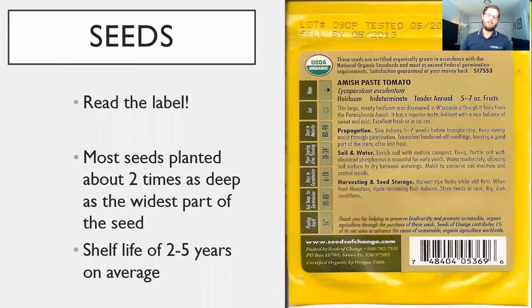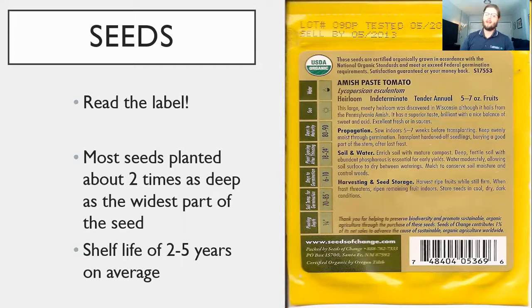So now we're going to jump into the actual topic at hand, and these are our actual seeds. We'll talk about where to acquire them later. I'll give you a few resources, but one of the things that I do really want to mention is our seed labels, or our seed packets, I guess.